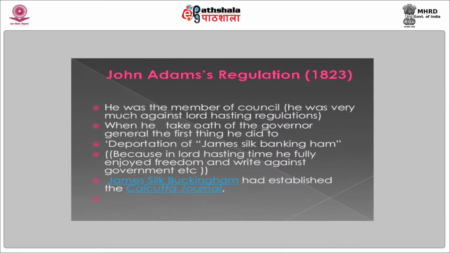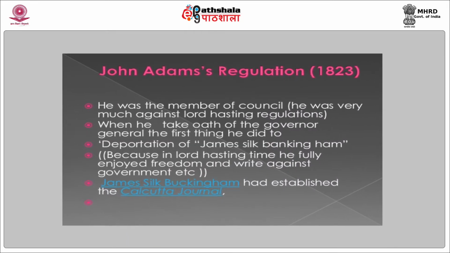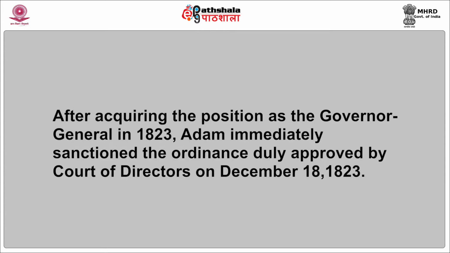In 1823, the Adam's Press Ordinance came into being. After acquiring the position of Governor General in 1823, Adam immediately sanctioned the ordinance, duly approved by the Court of Directors on December 18, 1823.